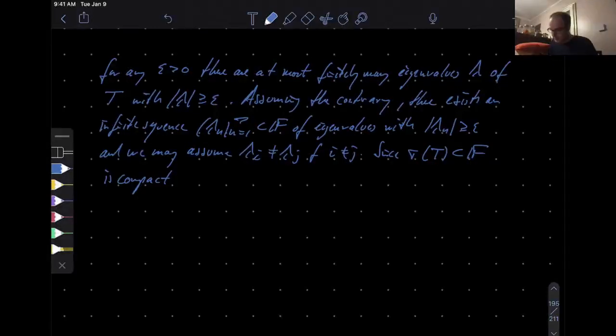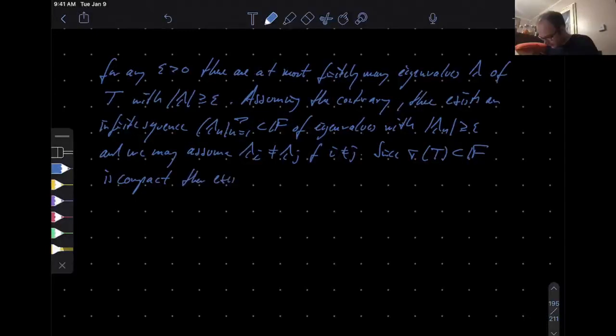Bolzano-Weierstrass, that's more precisely. You have a bounded sequence. Our scalar field is either the real number field or the complex number field. You got a bounded sequence in there, so that has at least one convergent subsequence. Yeah, that's Bolzano-Weierstrass.